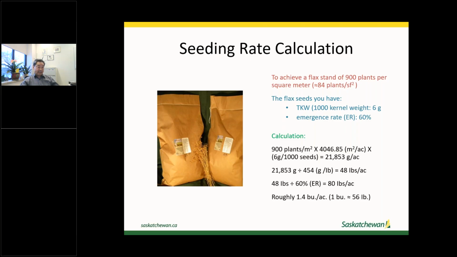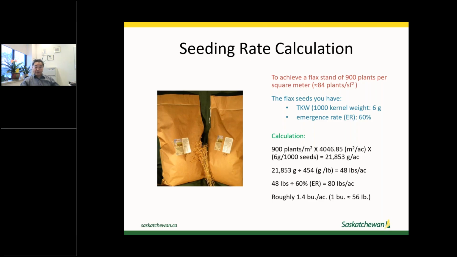Given that the flax seeds you have have the following parameters: 1,000 kernel weight is 6 grams, and emergence rate is 60%. That means when you put 100 seeds into the ground, there will be 60 plants coming out.